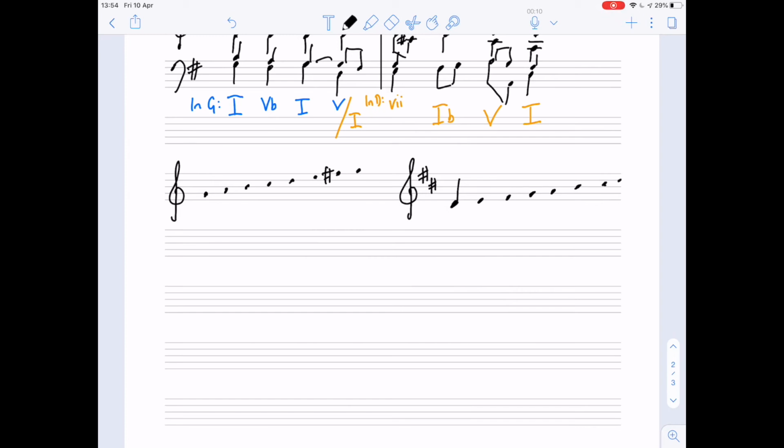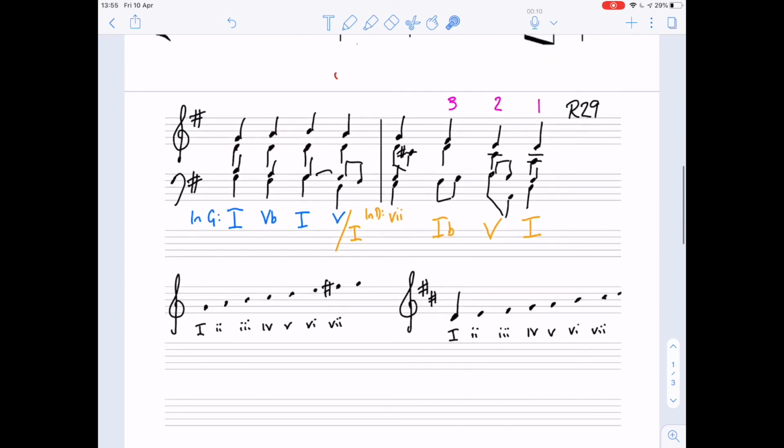Now if I number them, I can see that 1 in D is 5 in G. So Bach there has used a pivot chord to modulate from G major to D major.